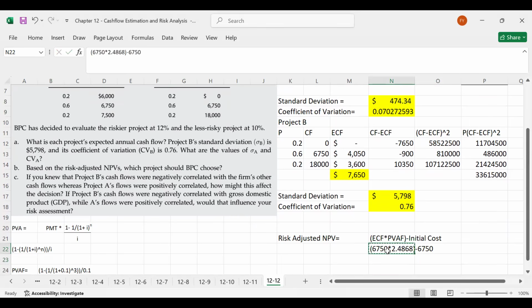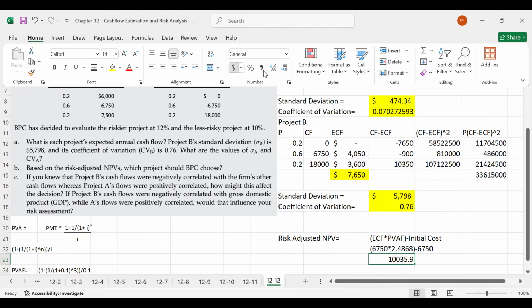In the last step, this is your risk adjusted net present value. This amount will be in dollars, and here it is the answer. This is for project A.